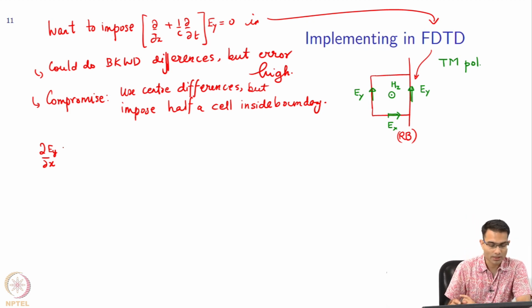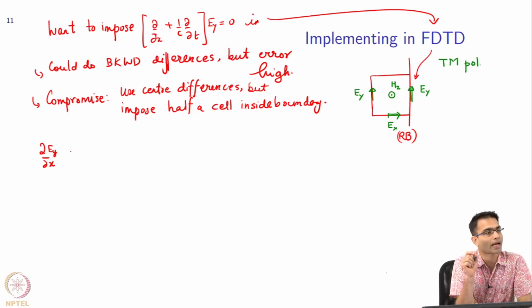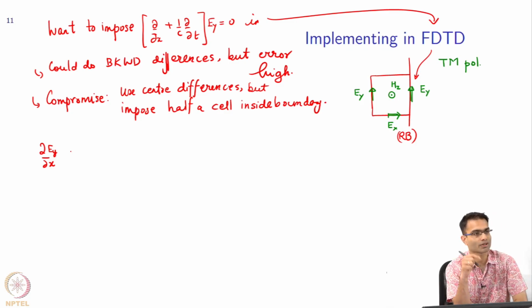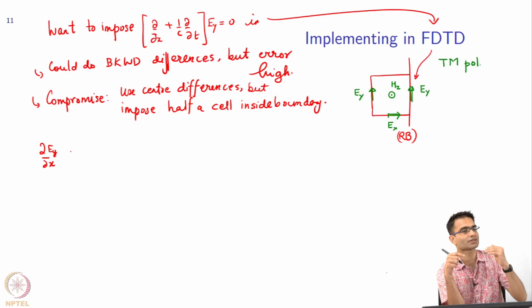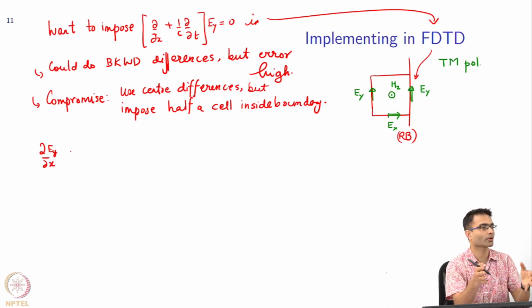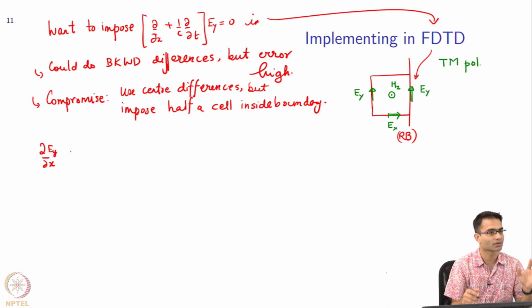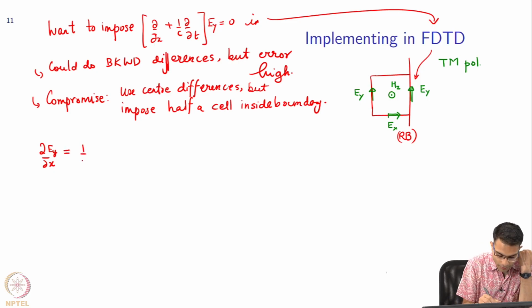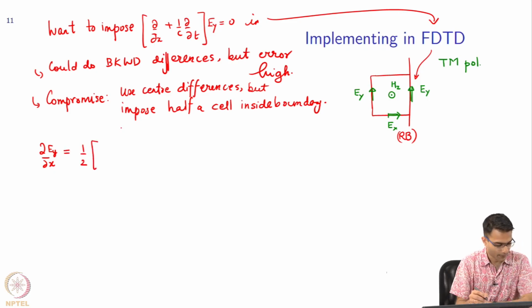But what I do is, for dEy by dx, I am going to take the average over two time instances. So I am going to find this finite difference not at just time instant n, but also n minus 1 and take the average to reduce this error, because I am imposing it in the middle of the cell, not at the boundary. So I want to minimize that error, so I take an average. So it is going to be the average over here.